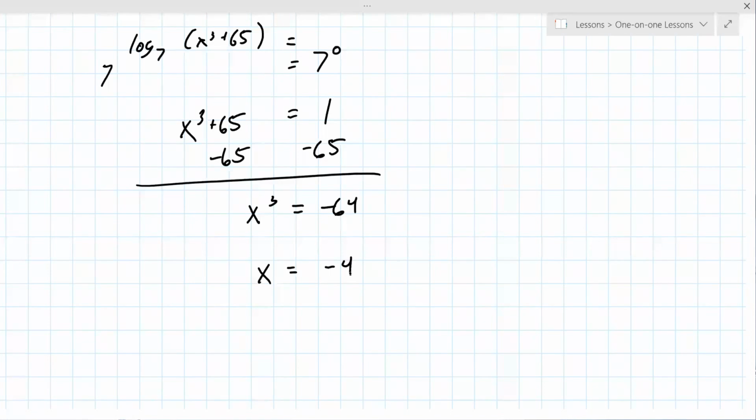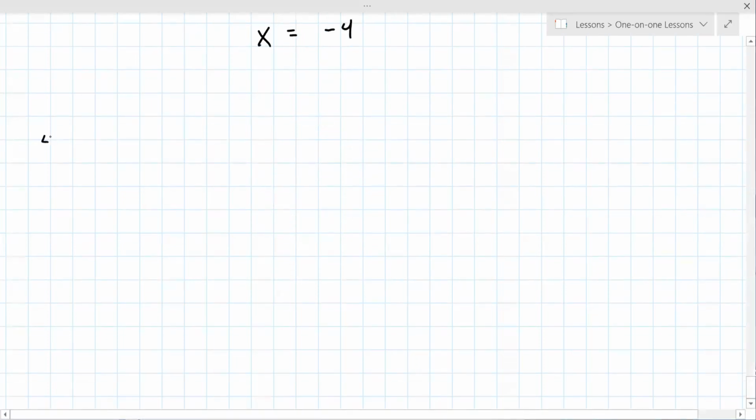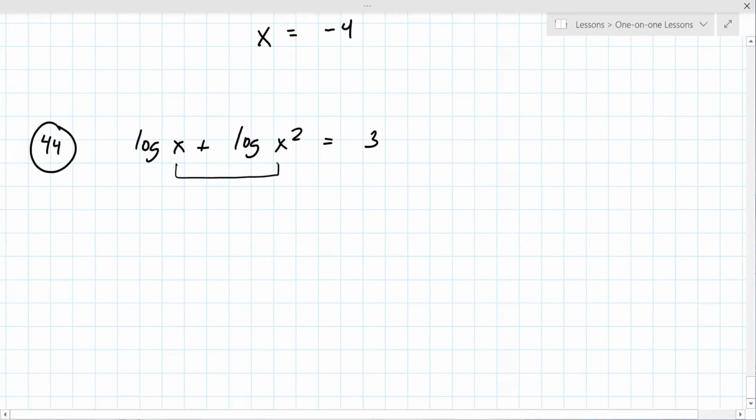All right. Let's do number 44 now. 44, our first kind of variation on the ones that we've been doing here. So 44 is log of x plus log of x squared equals 3. If you were to combine these logs, do you remember the property that allows you to do that? A sum becomes a product?